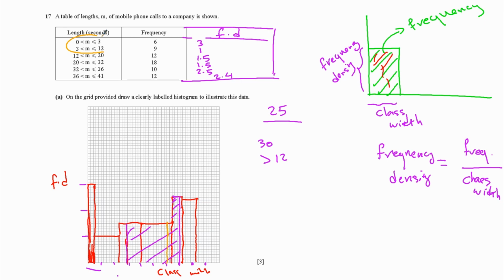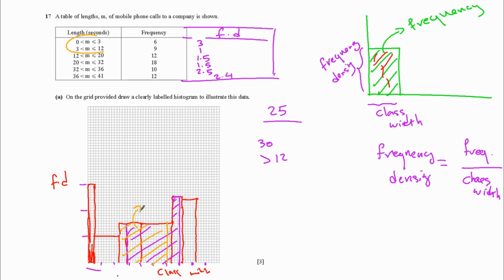So we really need to find the population that is less than 30 and higher than 12, which is this surface area here. That surface area is basically 1.5 times 18, so the total number would be 27.